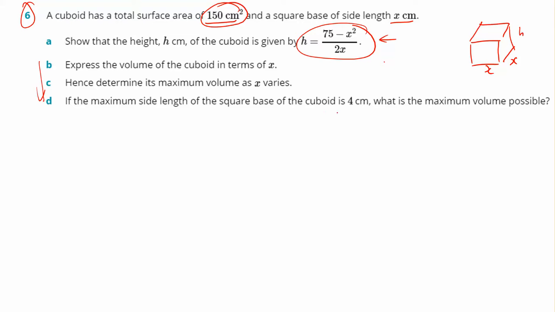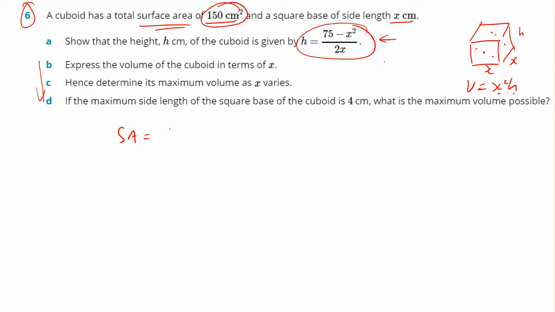So the first step is, I know the volume is given by x squared h, because it's length times width times height. Now the problem is I've got two variables, and I need to change it to one variable. So I'm going to use the surface area to get that other variable. We have 6 surfaces: this face plus that face plus that face, the back face plus the side face plus the other face, would give you the total surface area.